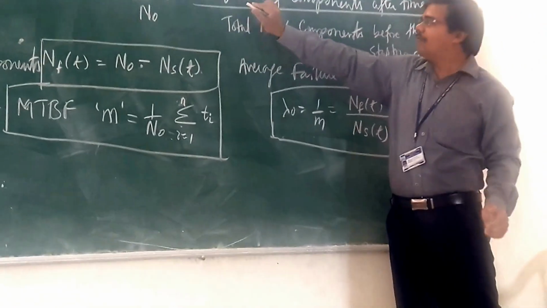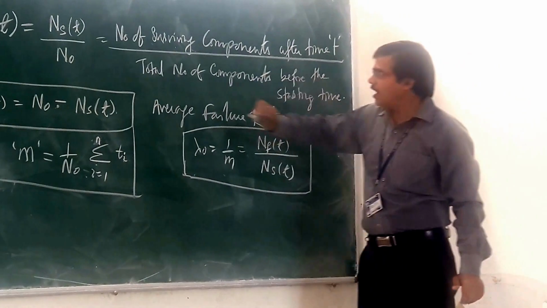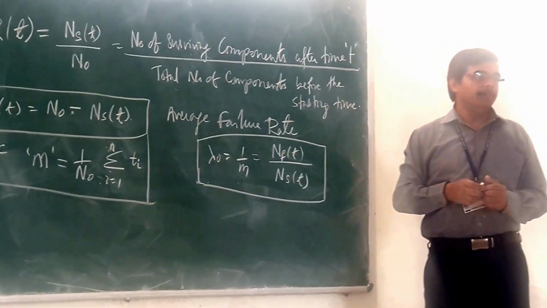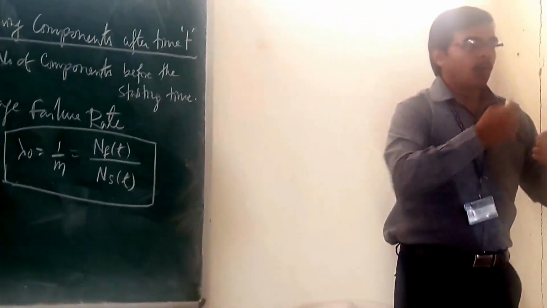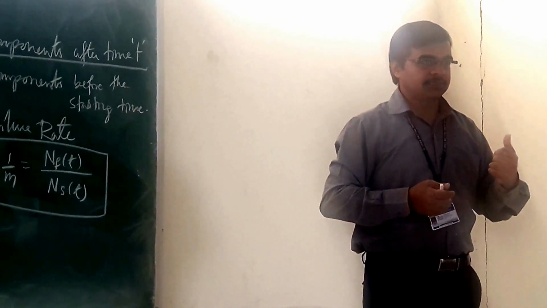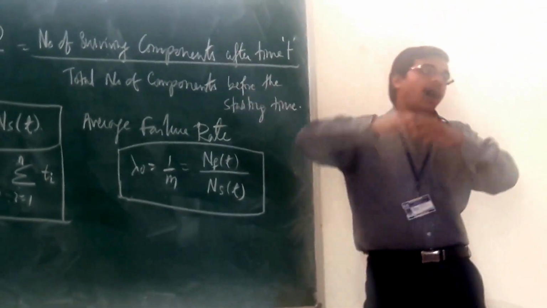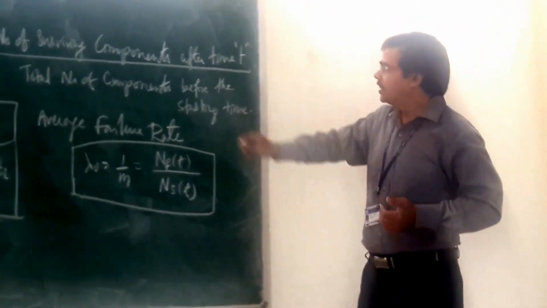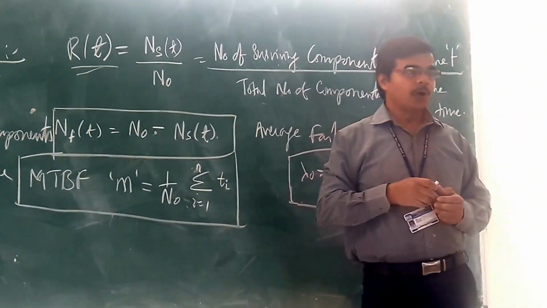It is the ratio of the number of surviving components after time t by the total number of components before the starting time. So before giving the initial power, what was the total number of components, and how many surviving components are there after time t? That ratio is called your reliability.